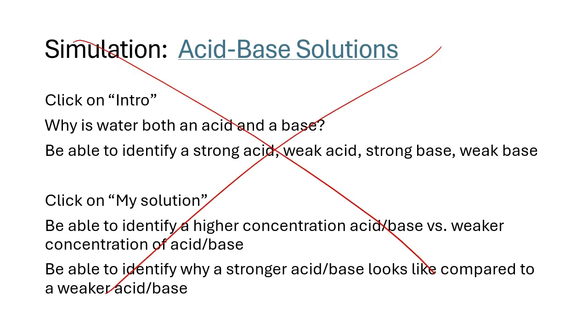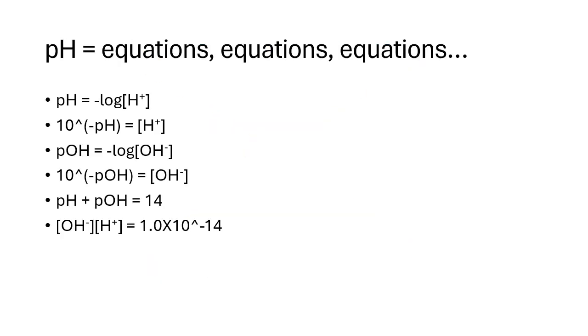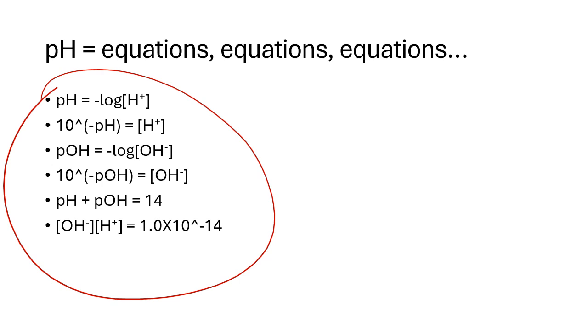All right, this simulation I'm taking off. Now these here, you're going to get some equations. You're going to get those 4 equations, and I know you've practiced a bunch in class and on the homework, but you're going to have to know how to do the anti-log, which we'll do here.